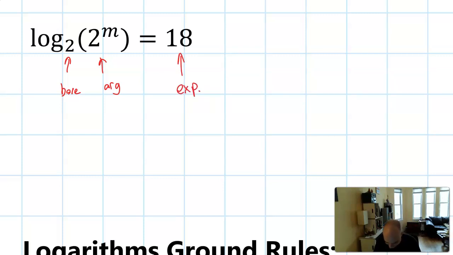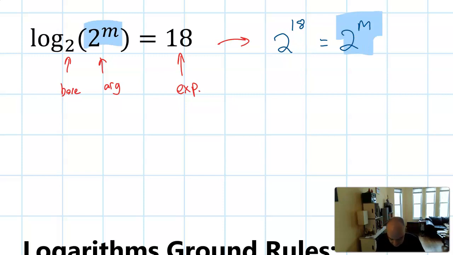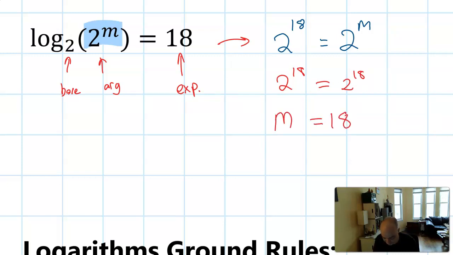So if we translate this, it's going to be 2 to the 18th equals 2 to the m. The entire argument here goes on the left side of the equation. Now, can you figure out what m might be? Yeah. Since 2 to the 18th is equal to 2 to the 18th, m had darn well better equal 18.